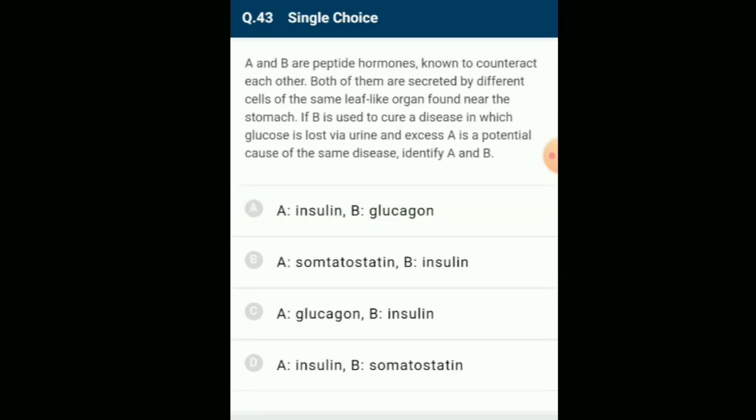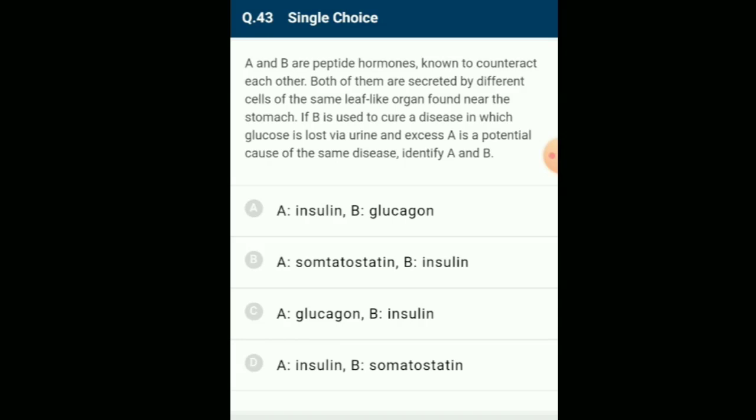Question number 43. A and B are peptide hormones known to contradict each other. Both of them are secreted by different cells of the same leaf-like organ found near the stomach. If B is used to cure a disease in which glucose is lost via urine and excess A is a potential cause of the same disease, identify A and B. The alpha cells of the islets of Langerhans are responsible for secretion of glucagon.